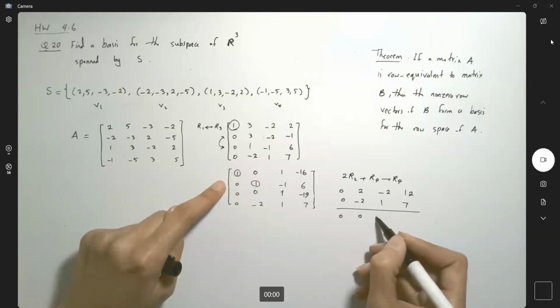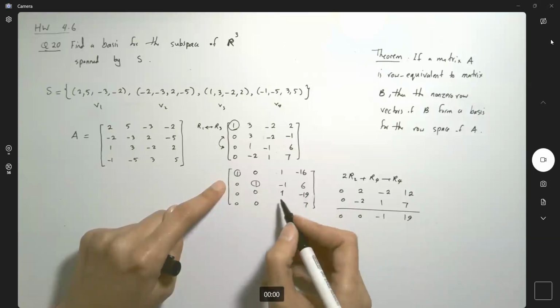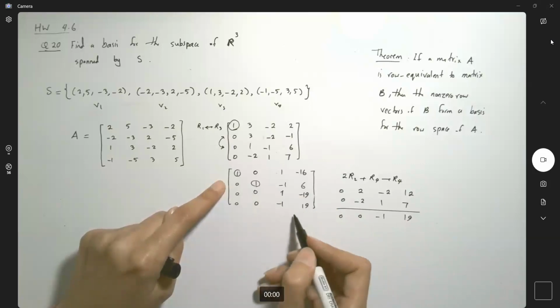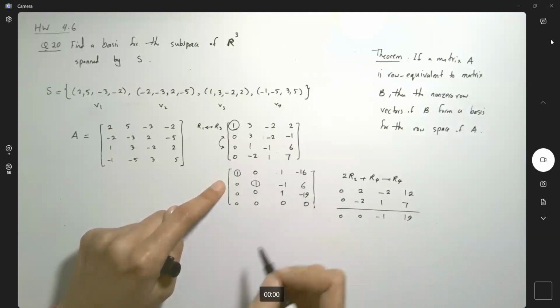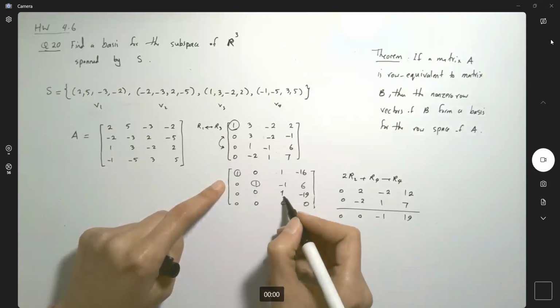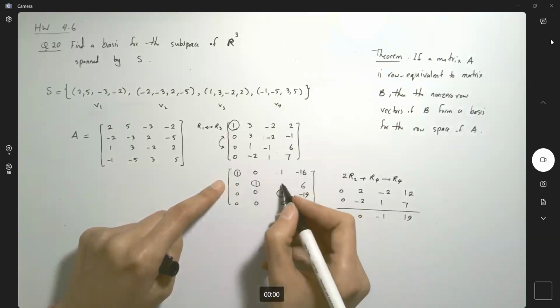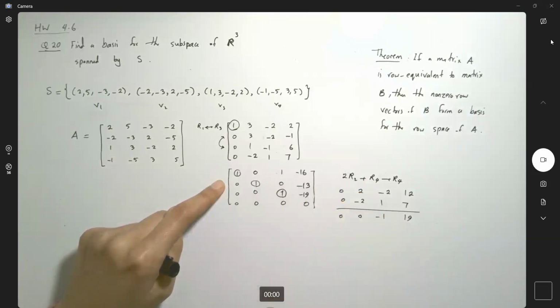I get 0, 0, -1, and 19. Basically, if I add these two rows together, I create a 0 row. And I have a 1 here. If I add these two rows together, this becomes 0, and this becomes negative 13.